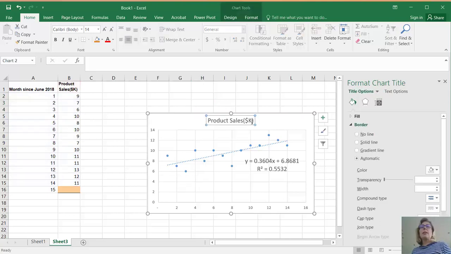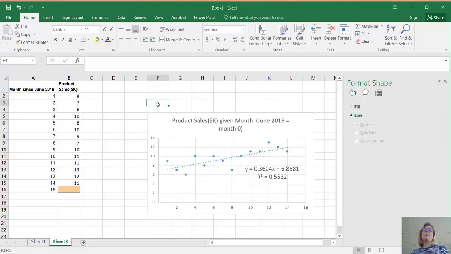Let's actually, while we're at it here, label the given month, and it's always nice to say what time period 1 or 0 is. So June 2018 is month 0, just so you have some context there.